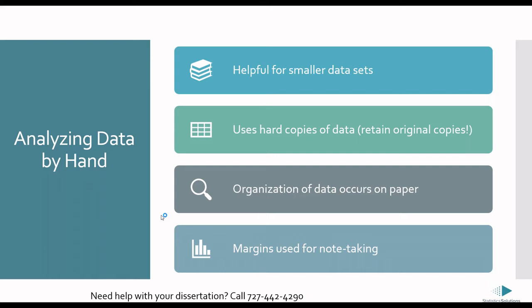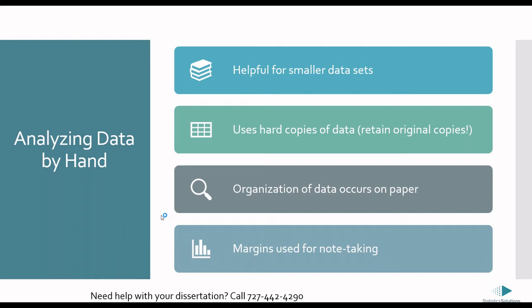And the way that this works is you're essentially organizing your data on paper. So remember those wide margins that we talked about as you are going through coding data. We'll talk more about this in a minute. You're making notes in the margins. You're doing this all by hand. Now, that said, you can certainly use something like Microsoft Word or a word processing program to also analyze data by hand.